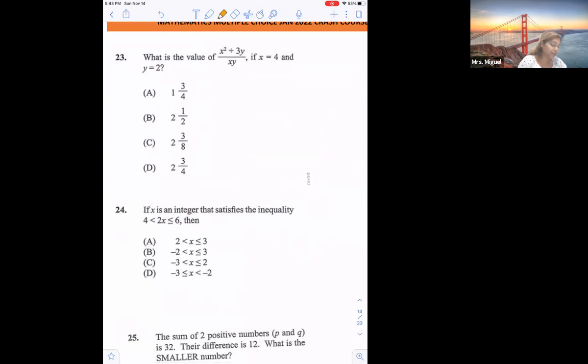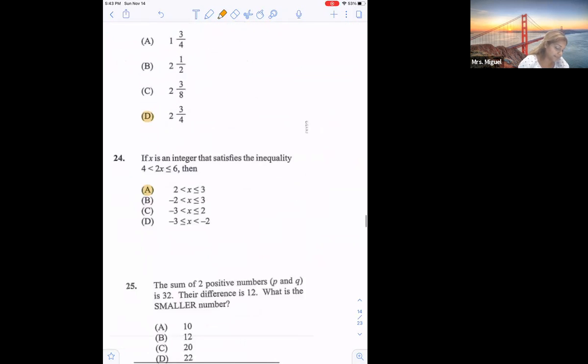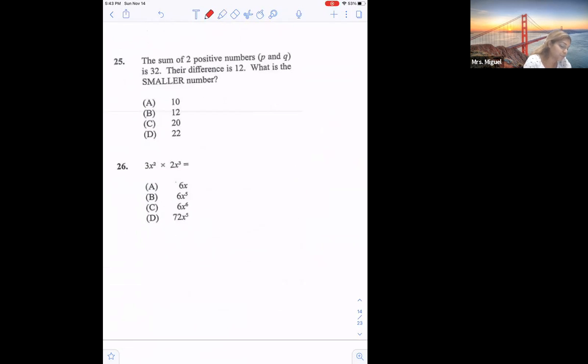Number 23, we did this one already. The answer is D as in dog. 26, we did this. 24, sorry, we did that. The sum of two positive numbers, sum means to add, is 32. The difference is 12. What is the smaller number? Well, P is equal to Q plus 12.